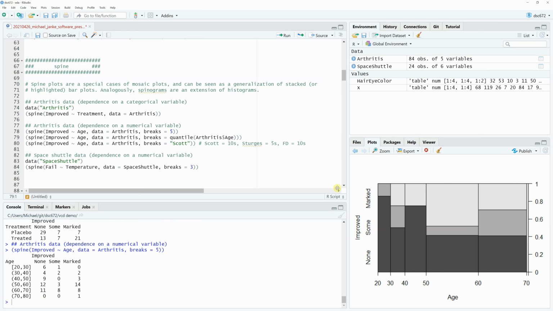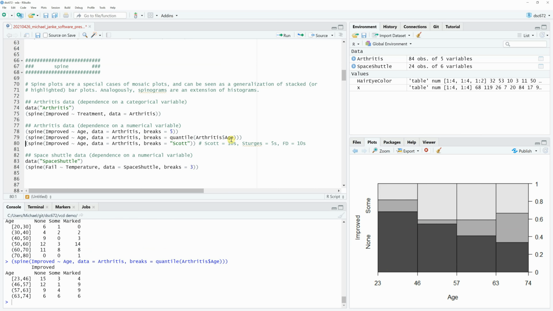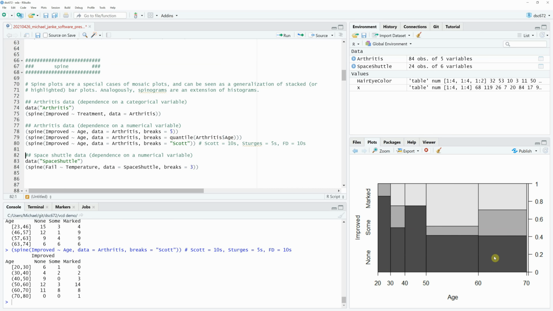we can see on the right here it's not smooth, so it's broken down into, we defined it as, 5 groups here. So you can compare those groupings together. It does different things, like we can use quantiles to smooth it out a little bit. And we see there are some other ones where, like, Scott breaks it down into groups by 10, and Sturges is 5s.